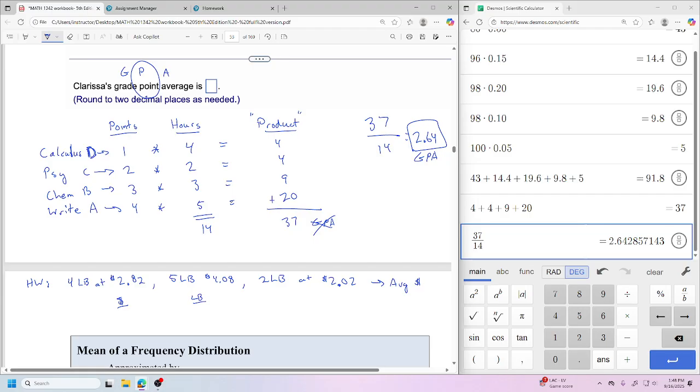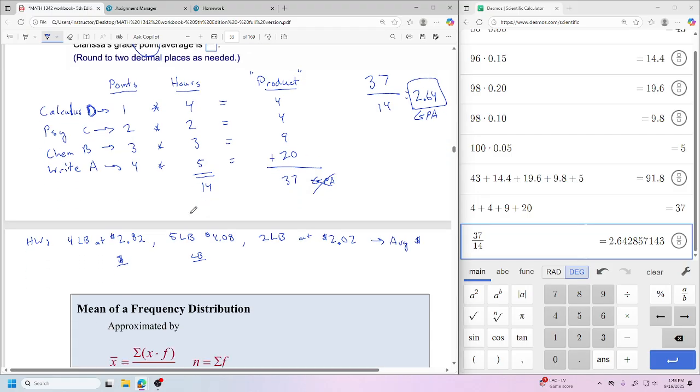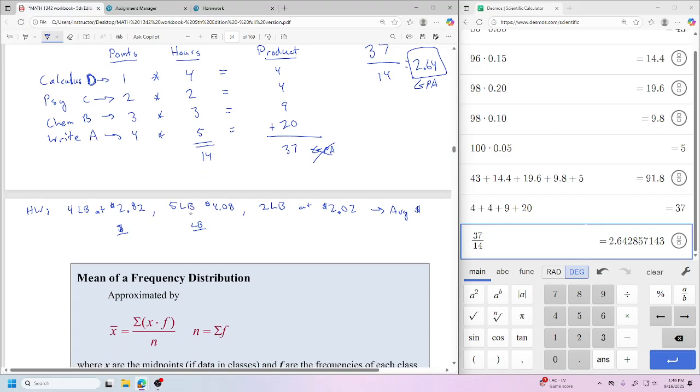And I'm just going to start listing them out just like we did a second ago, okay? So here we go, 2.82, and we had 4 pounds. The 4.08, we have 5 pounds. And then 2.02, and we had 2 pounds. See, it's just like what we had a second ago. I'm just listing them out. This is how it looks on the homework, so you have to flip them, you know what I mean?